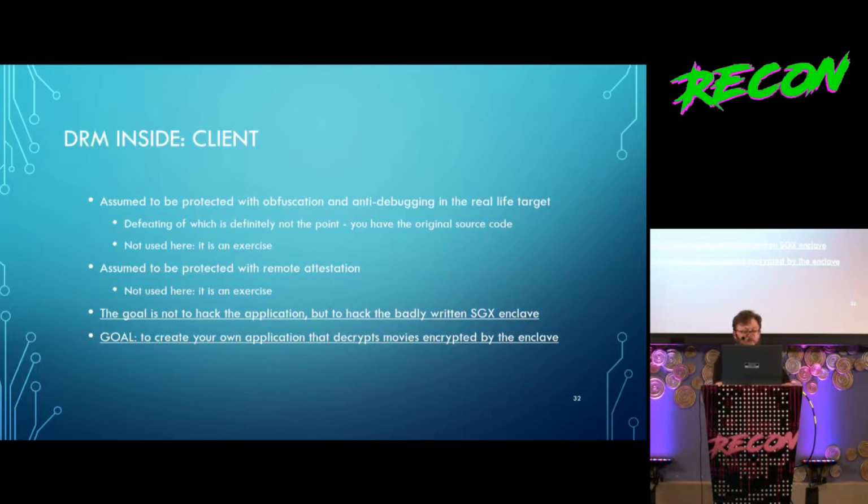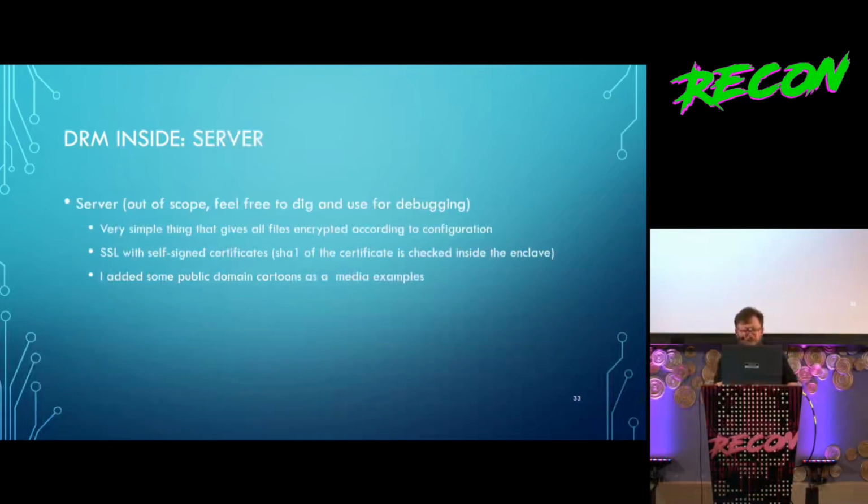The main goal of this exercise is to create another application that will get all the enclave's secrets and be able to decrypt the movies sealed with the enclave. The server part is out of scope of hacking; it gives up all the files if asked correctly, and defeating it is also not the point.